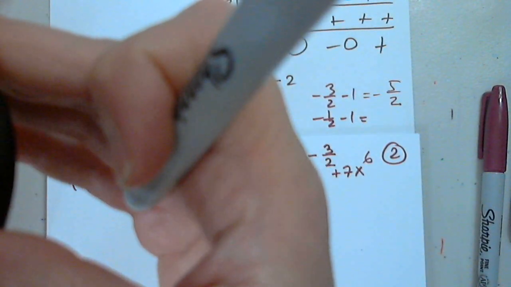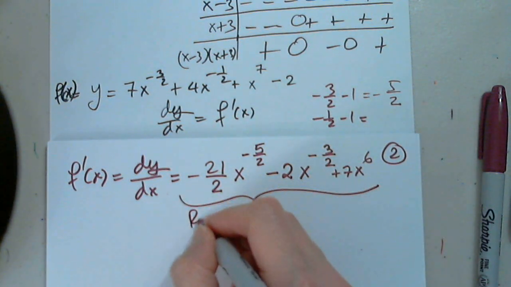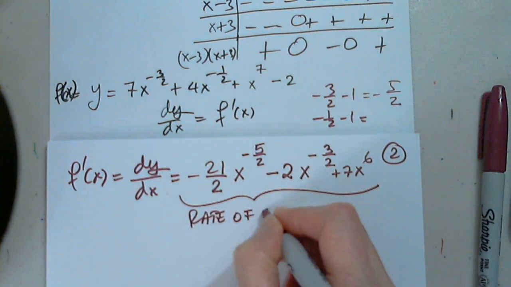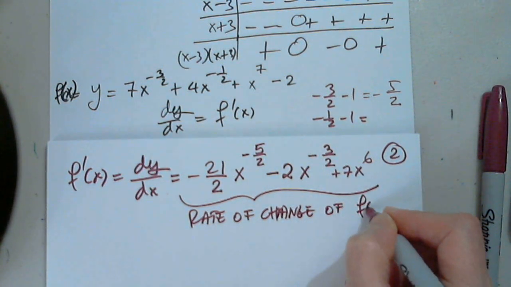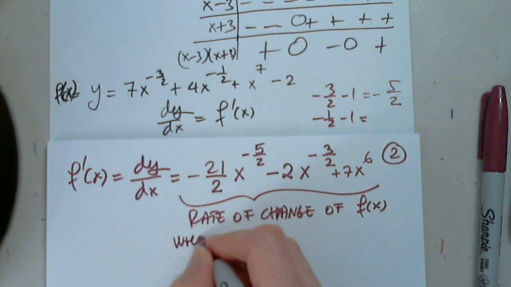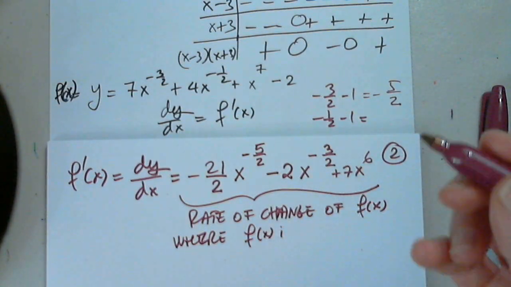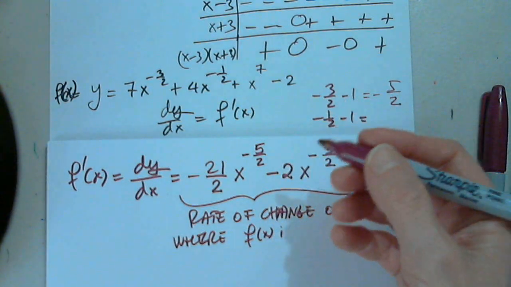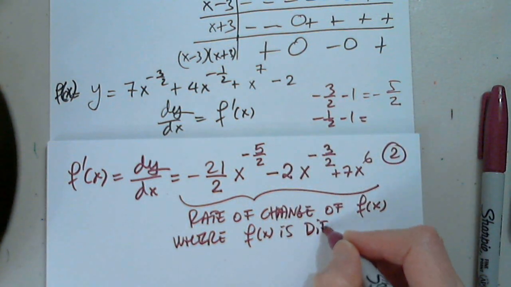So again, what does this represent? This is the rate of change of f of x, where f of x is continuous, no cusp, no corner, no vertical tangent, is differentiable.